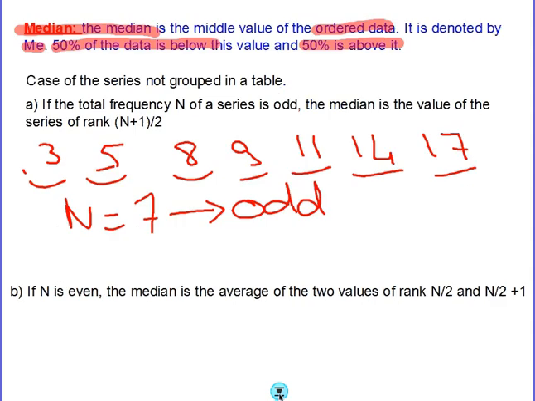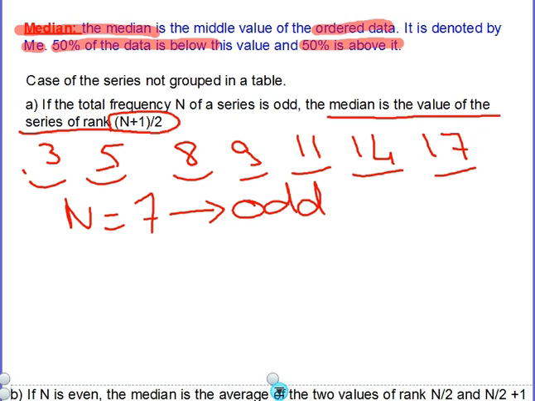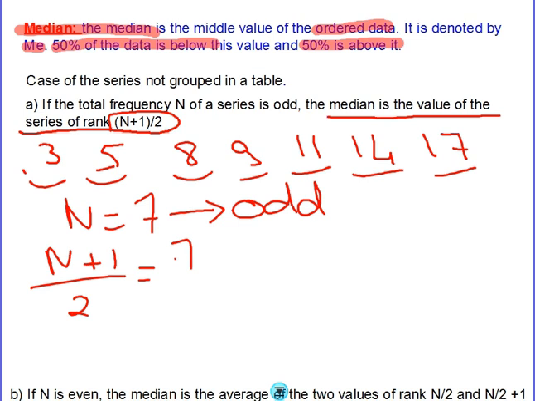Since it is an odd number, the median is the value of the series of rank (n + 1) / 2. N is 7, so 7 plus 1 over 2 is 8 over 2, which is 4.